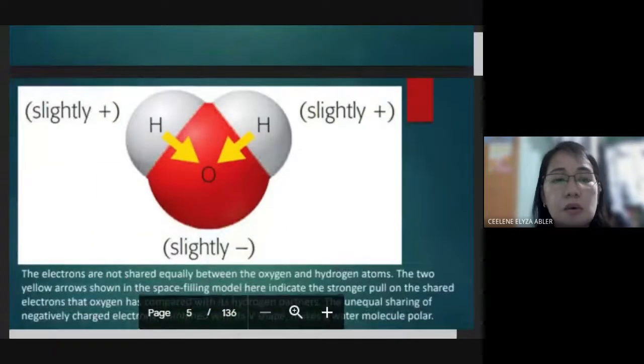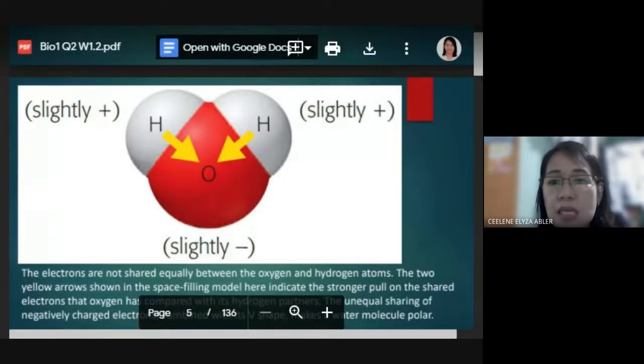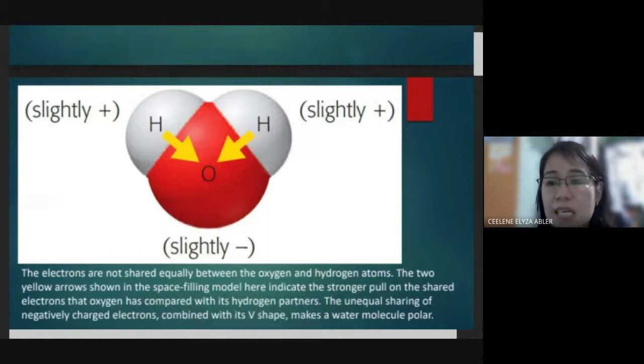Okay? So, most of the times, ito yung kanyang charges. We have slightly positive, slightly negative na charges. So, si oxygen, dahil sa, remember that it has a higher electronegativity, so siya yung most likely kukuha ng mga ating tinatawag na electrons.